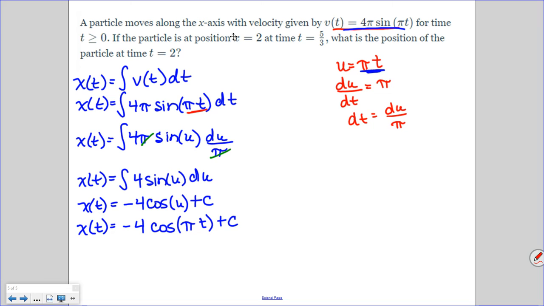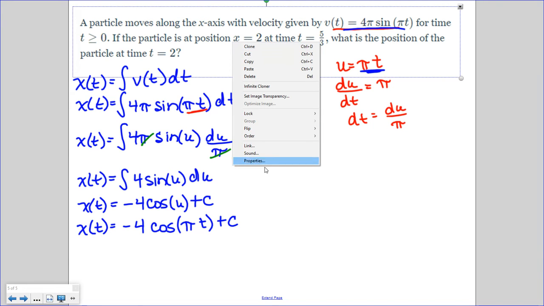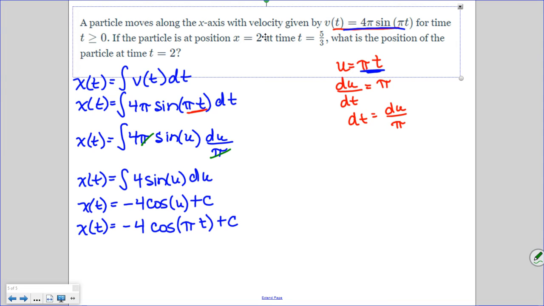But then I also have this initial condition right here. My initial condition is saying that at time 5/3, the position is 2. So I'm going to substitute in 5/3 for t and set it equal to 2.